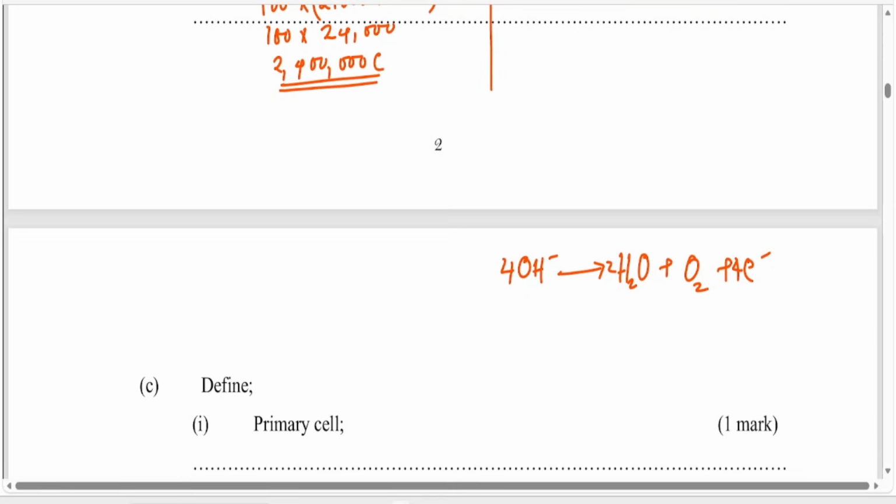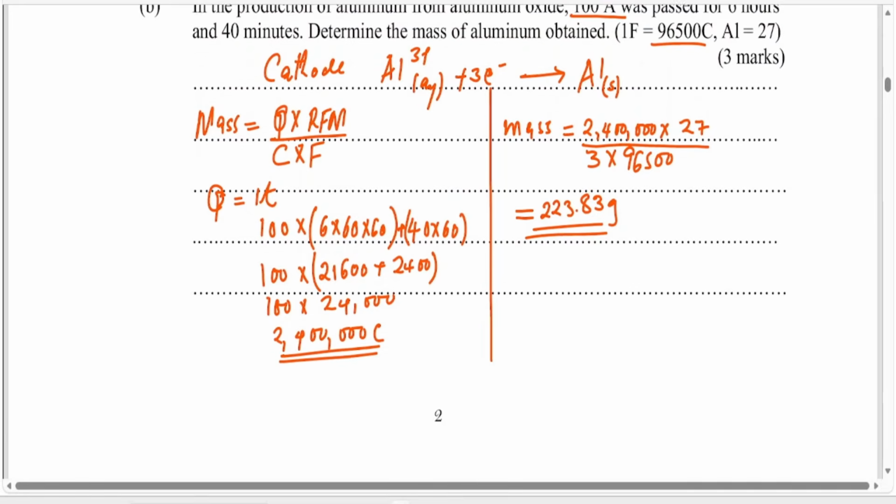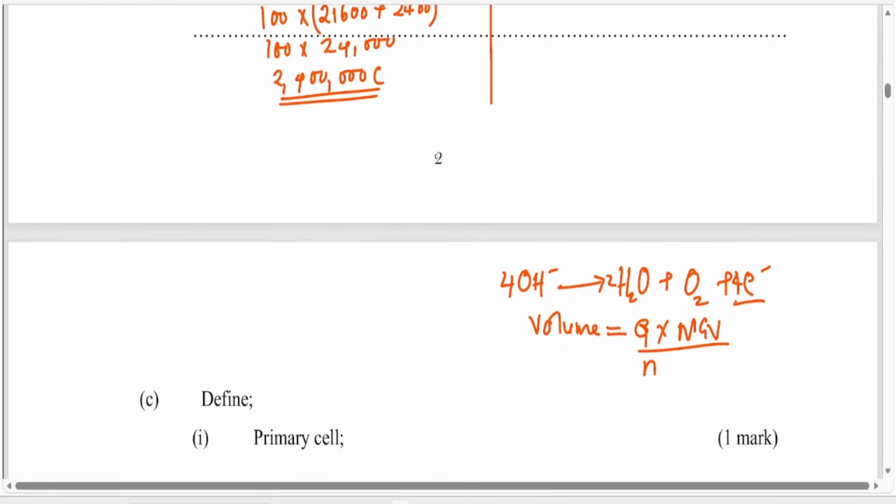Volume replaces the mass, given by Q. Now instead of writing the RFM, we write the molar gas volume. We divide by the number of electrons, not charge now, these 4 electrons, then we multiply by the Faraday, and we shall still be able to work out that question when the product is a gas.